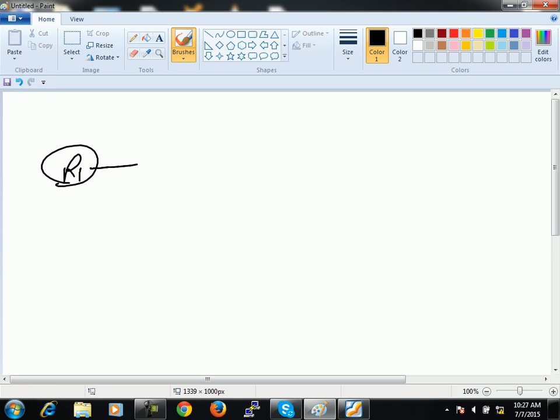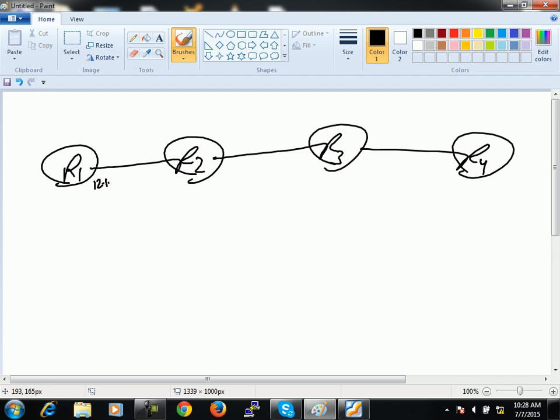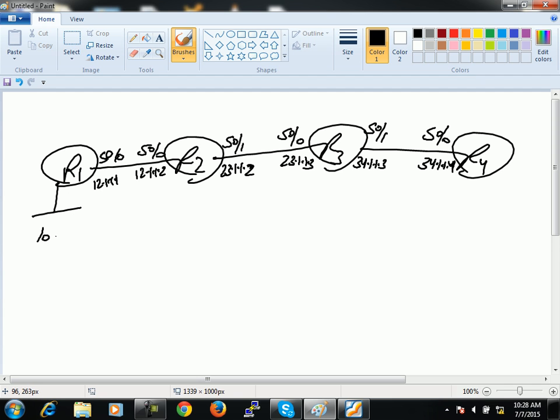Let's say this is R1, this is R3, and this is R4, with interfaces S0/0, S0/0, S0/1. Fine. I'm just giving you an example.